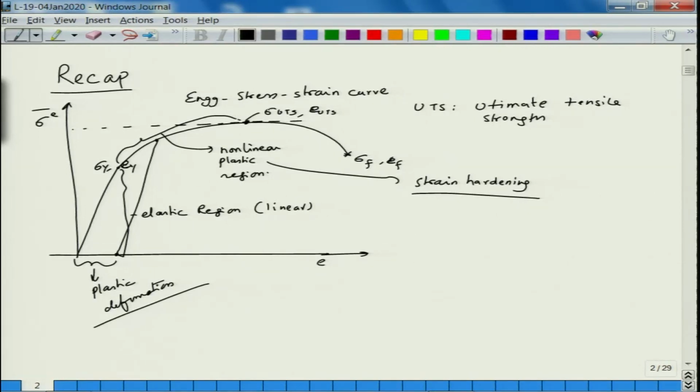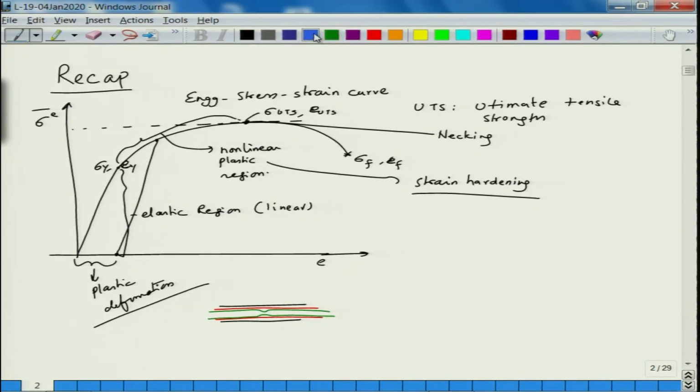This point is called the ultimate tensile strength or maximum load point, at which a phenomenon called necking occurs. When you deform the sample, it goes from this state to, let us say, this state, gets thinner, and then somewhere after this it undergoes formation of a neck, something like this.